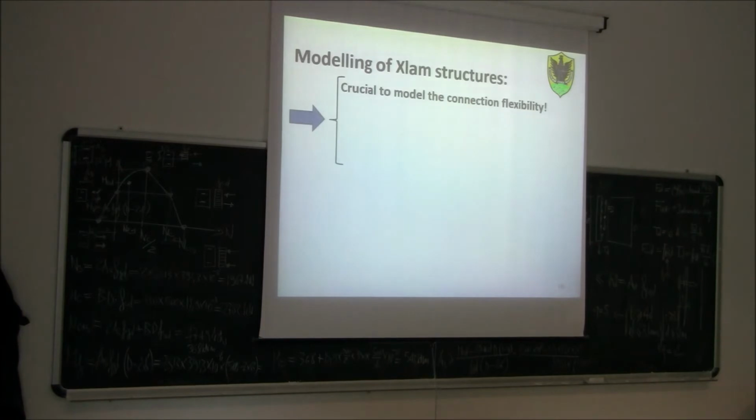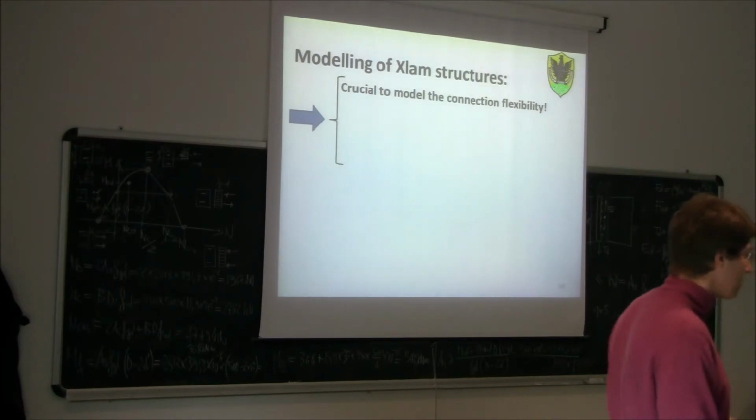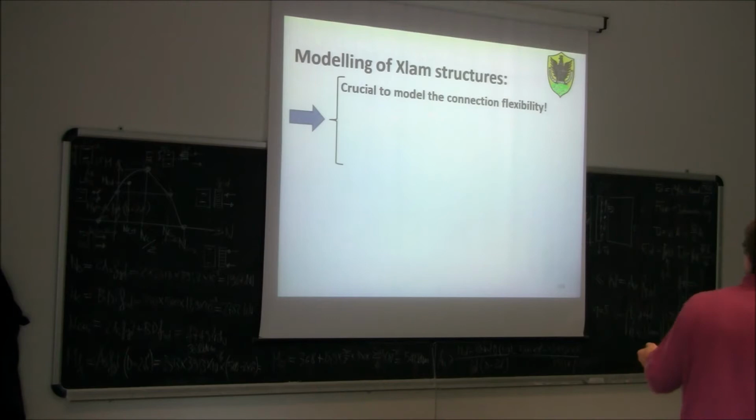So it is important to keep in mind that if we want to model a cross-lam building using finite element modeling, for example using SAP2000, it is crucial to model the connection flexibility. It's not enough to use millions of shells to model the floors and the walls if we then assume that the shells are glued to each other, so the wall is glued to the floor.